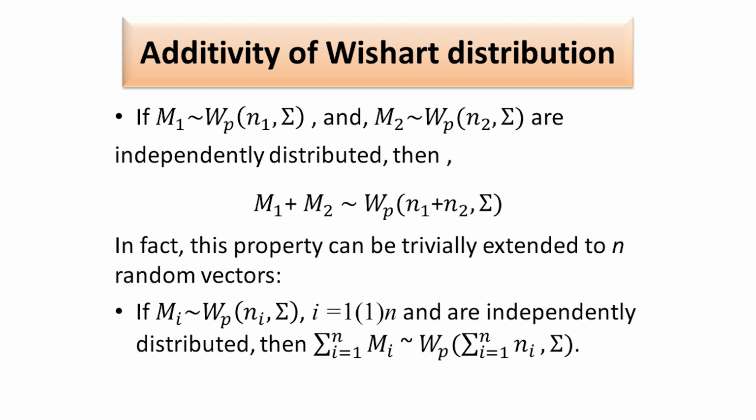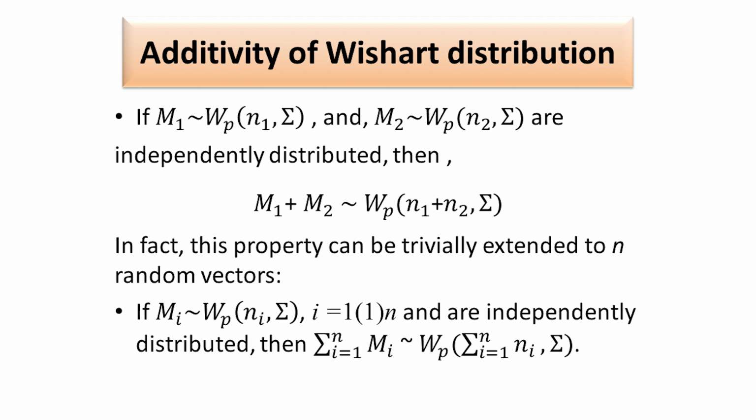Let us first consider the univariate situation. Say if we have that x1 has a chi-square distribution with n1 degrees of freedom, and x2 has a chi-square distribution with n2 degrees of freedom, and x1 and x2 are independently distributed. Then we know that chi-square has the additivity property, that is x1 plus x2 will be distributed as chi-square with n1 plus n2 degrees of freedom.